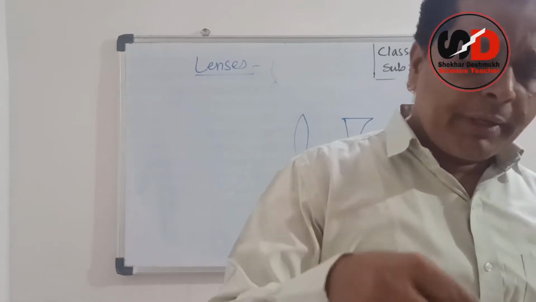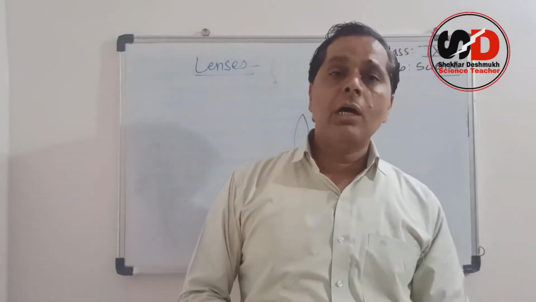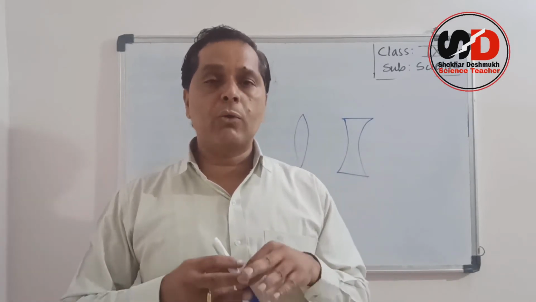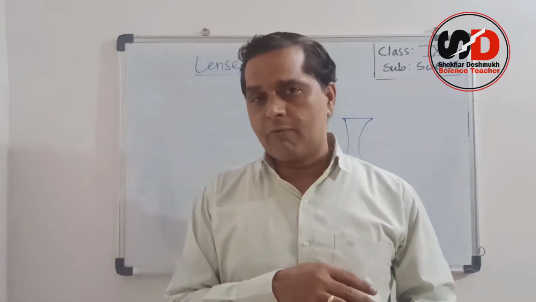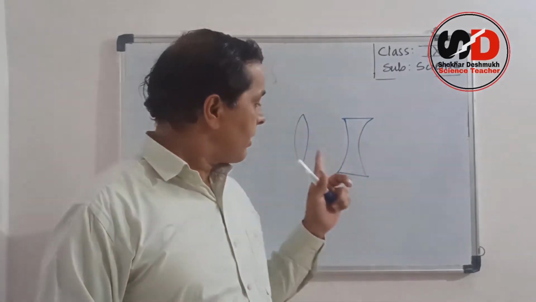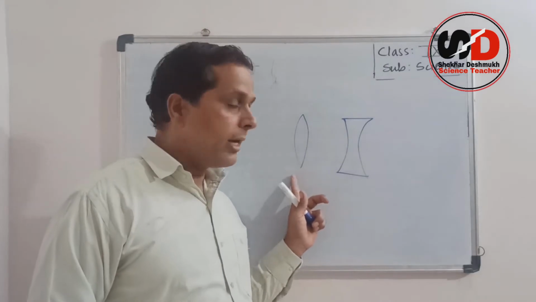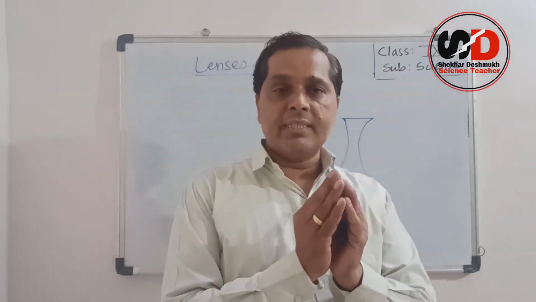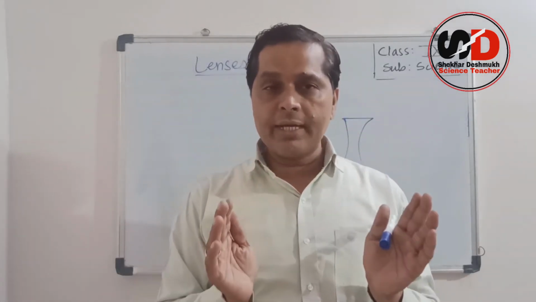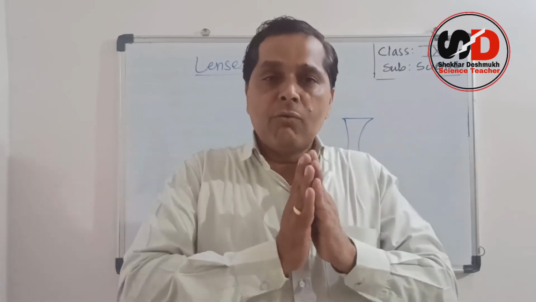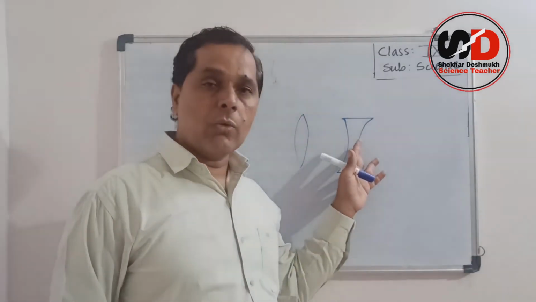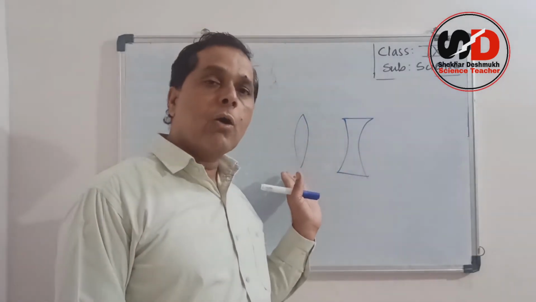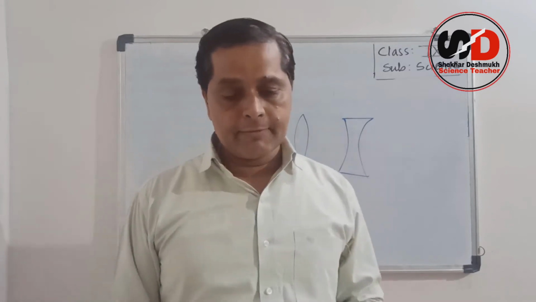There are many types of lenses, but this year we are going to study only two types: biconvex and biconcave. If the surfaces bulge outward, it is biconvex. If they bulge inward, it is biconcave. Instead of saying bi, we can say convex and concave lens.